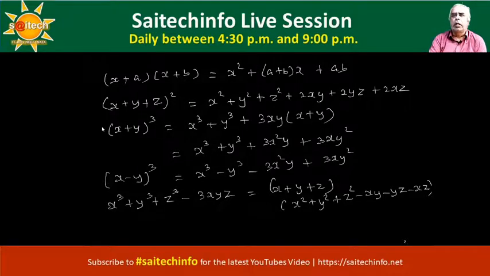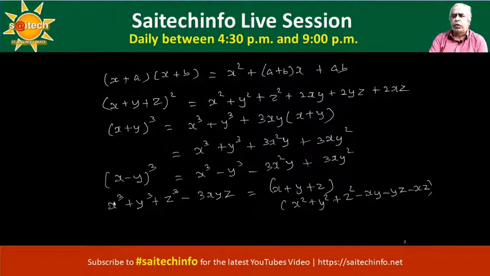Clear? Right. Now (x plus y) whole cube is given by x cube plus y cube plus 3xy into (x plus y). And this can also be expanded like x cube plus y cube plus 3x squared y plus 3xy squared. Similarly, (x minus y) whole cube is equal to x cube minus y cube minus 3x squared y plus 3xy squared.